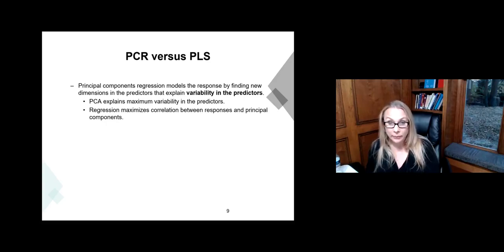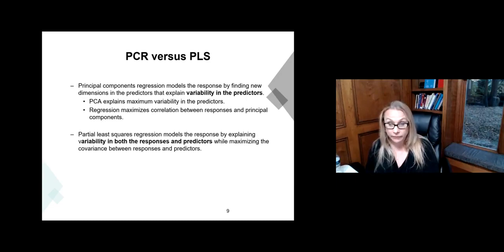On the other hand, partial least squared regression models the responses by explaining the variability in both the responses and the predictors while maximizing the covariance between the responses and the predictors. So again, the key idea is that we take into consideration both the X and the Y, whereas the PCR approach is only considering the variability within your X values.